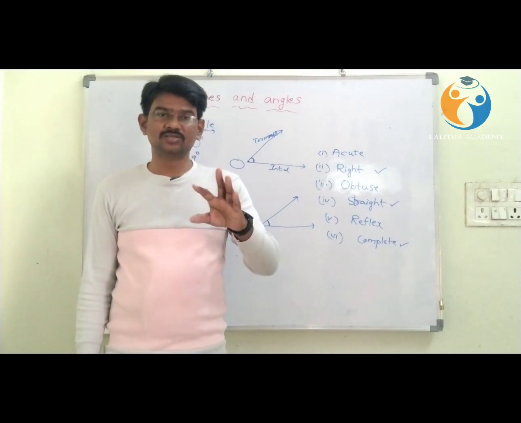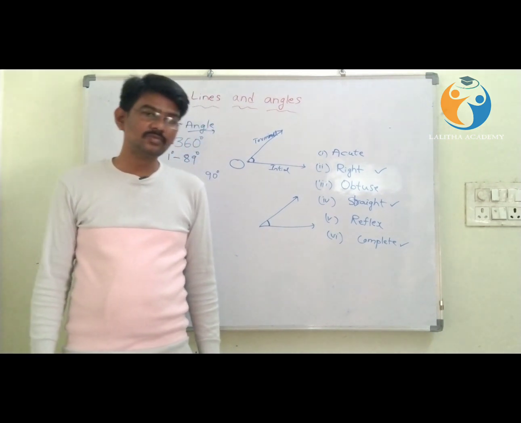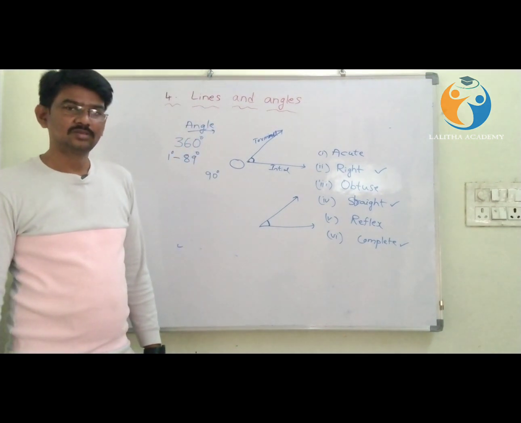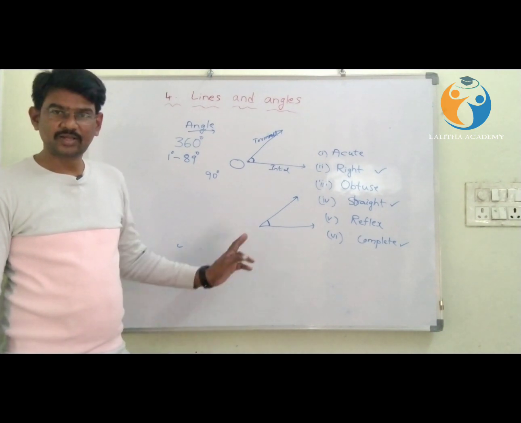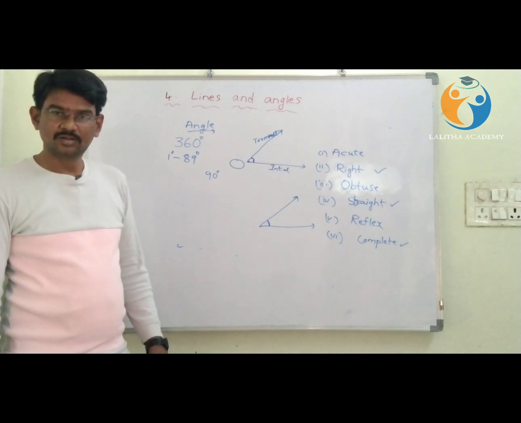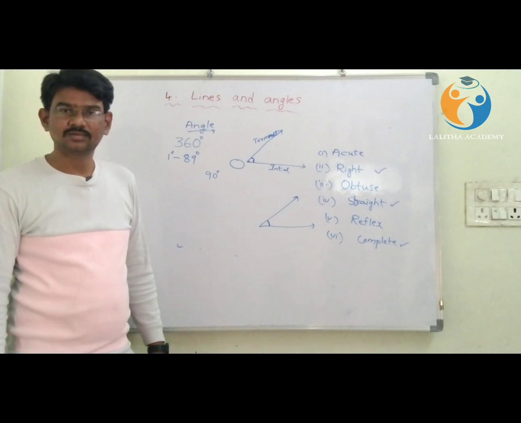Can you give examples for acute angles? Yes. 45 degrees, 26 degrees. Can you say some examples? Tell me. Acute angles are from 1 degree to 89 degrees.